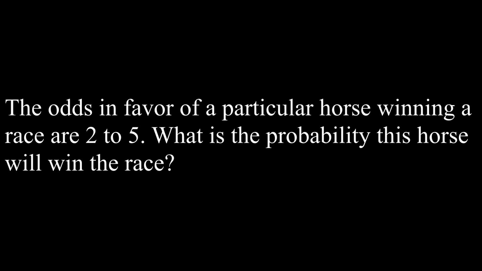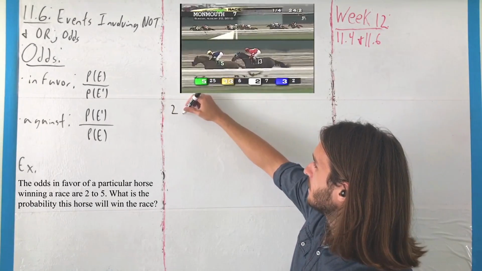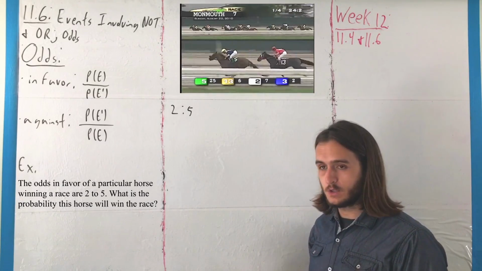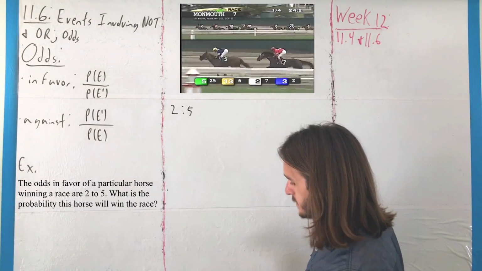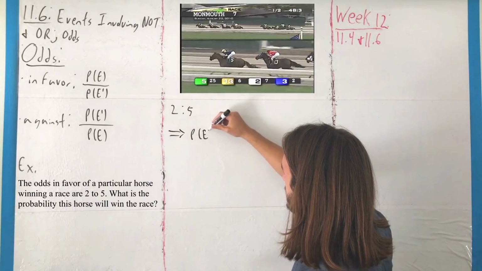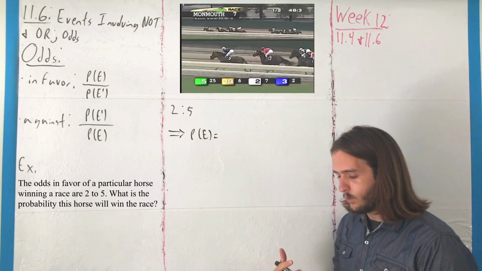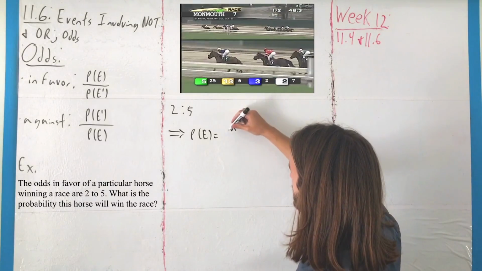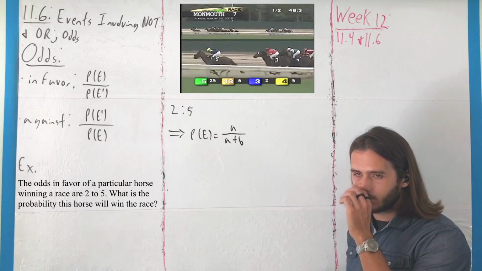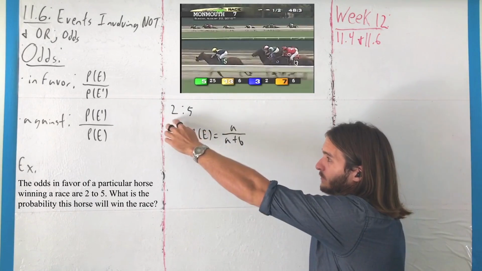What is the probability this horse will win the race? In this case, we are given the odds in favor are 2 to 5. And if we want to be able to find the associated probability from that, what we need to do is take the value here, P(E), is going to be equal to A, the first one, divided by A plus B, where this comes from a little bit of cleverness with fractions and understanding what we have here, that A is the number of ways that what we want can happen.